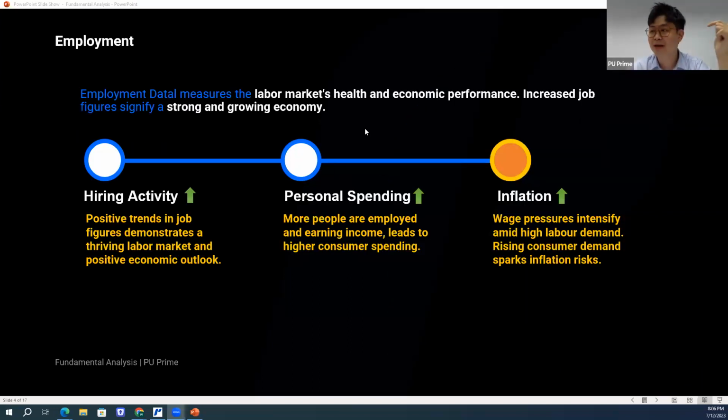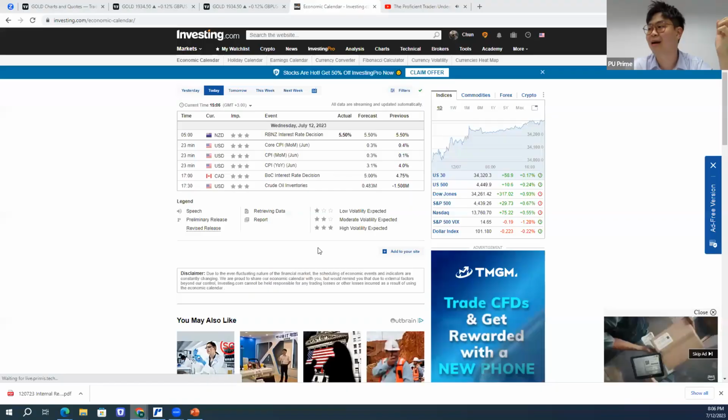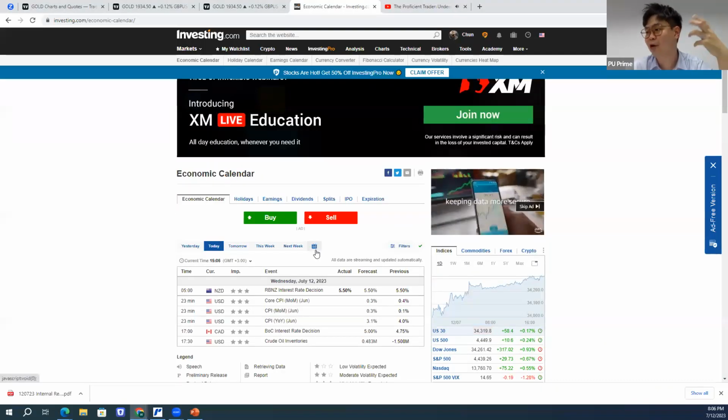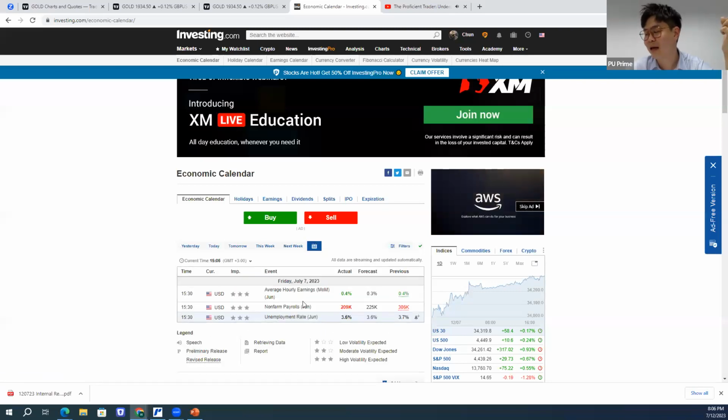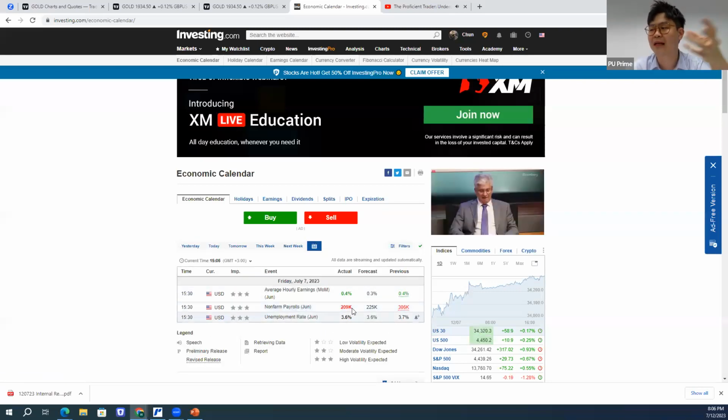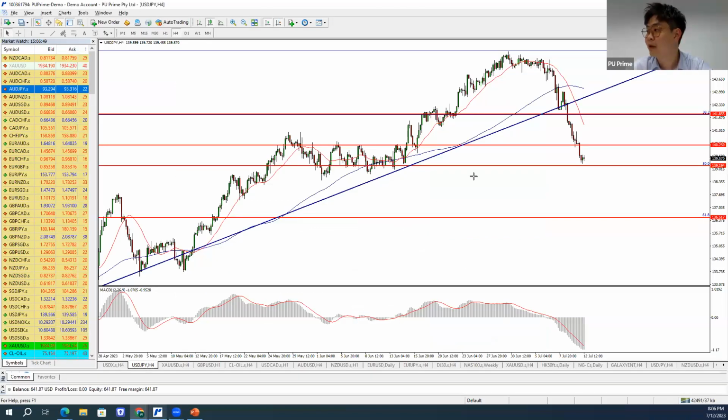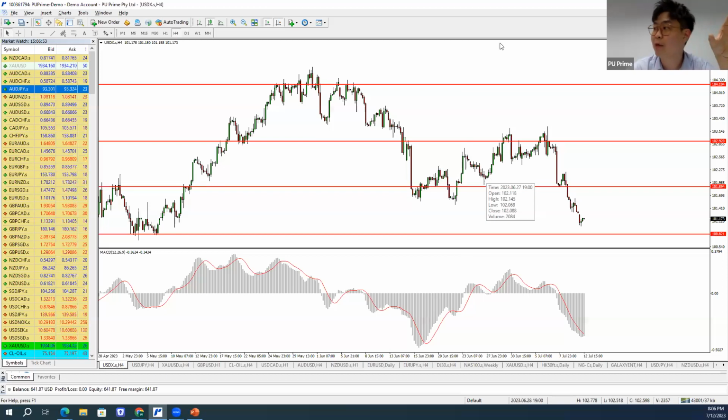The first data is regarding employment. We have a lot of different kinds of employment data in the world. So why is employment data so important for currency? Why, if the employment data shows a positive reading, does the currency go up? If you look at the previous non-farm payroll data, you can notice that after the US non-farm payroll data was released with a negative reading, the dollar dropped. Employment data are very important for the economy of that country.